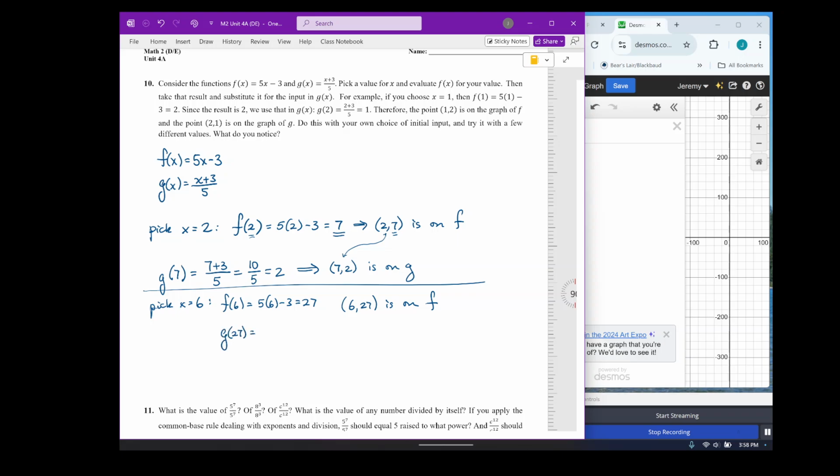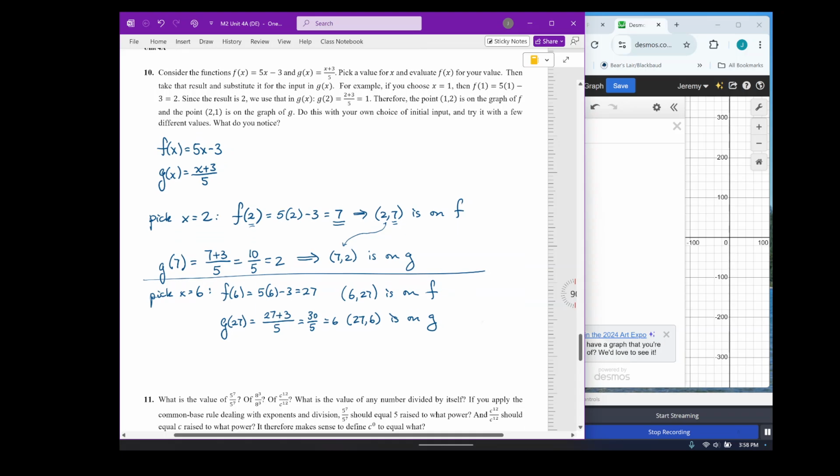So g of 27 is 27 plus 3, divided by 5. Yeah, because that's the g formula, (x plus 3) over 5. That's going to be 30 over 5, which is 6. So the point (27, 6) is on g.